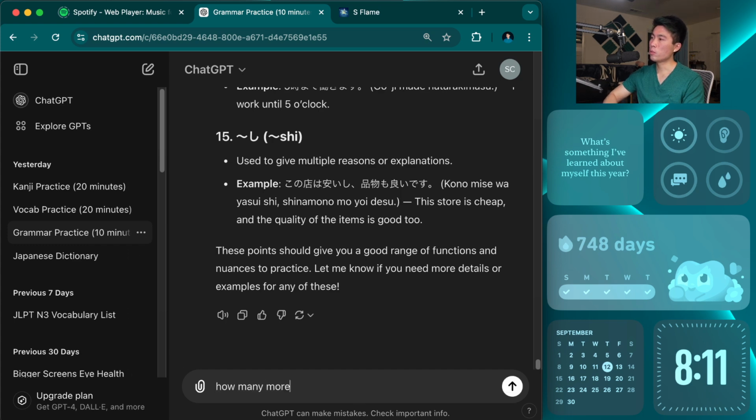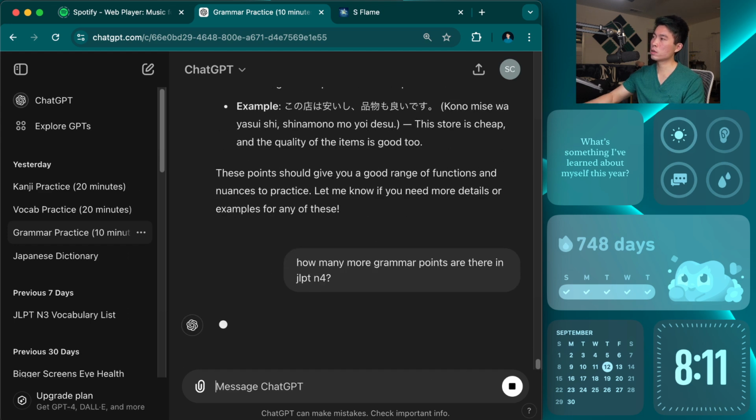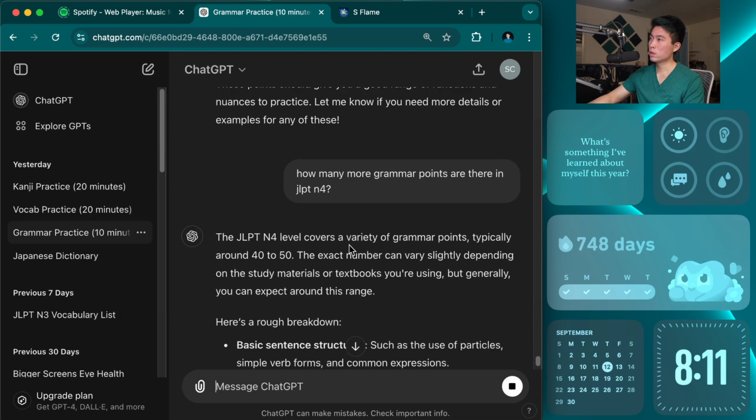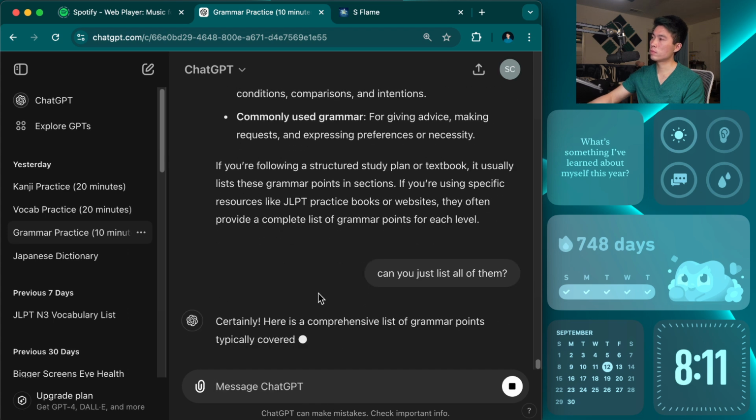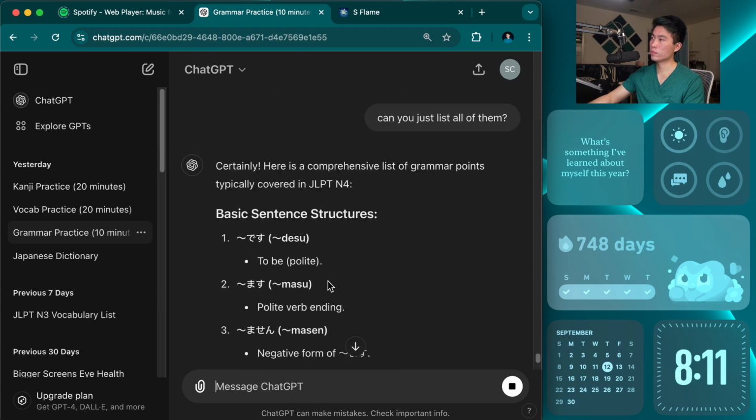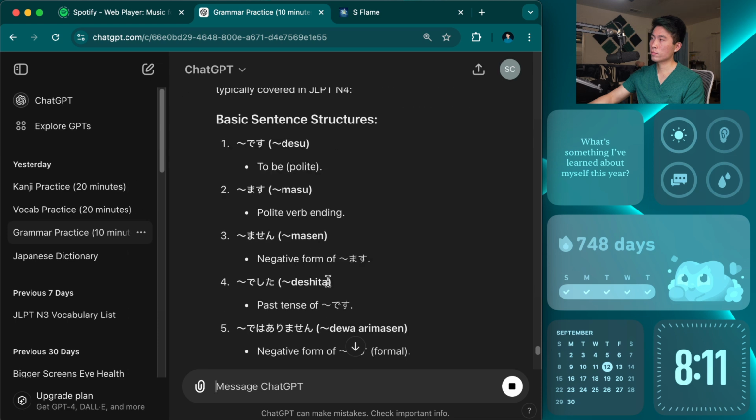How many more grammar points are there in JLPT N4? Covers a variety of grammar points, typically around 40 to 50. Okay. You just list all of them. Okay.